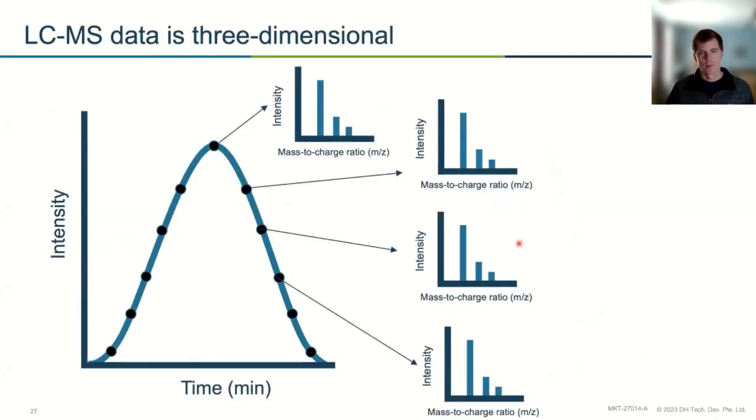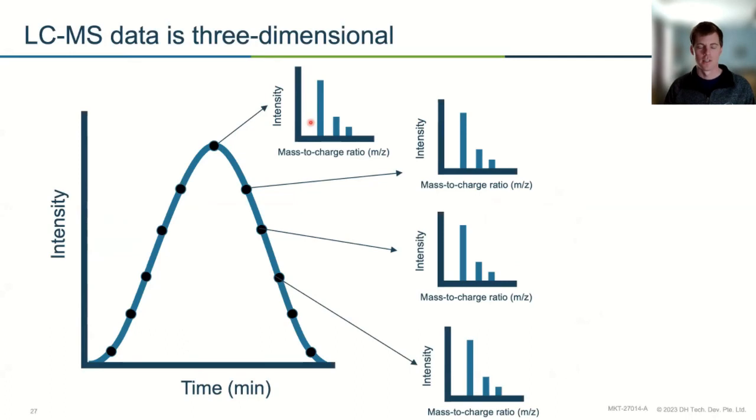And I think the tricky part when you're thinking about all of this is that LC-MS data is 3-dimensional. It is a chromatogram, which is time and intensity, but at each data point, we have a mass spectrum. Or if you look at a mass spectrum, you can take any of those masses and plot it over time. So there's always 2 layers to our data.